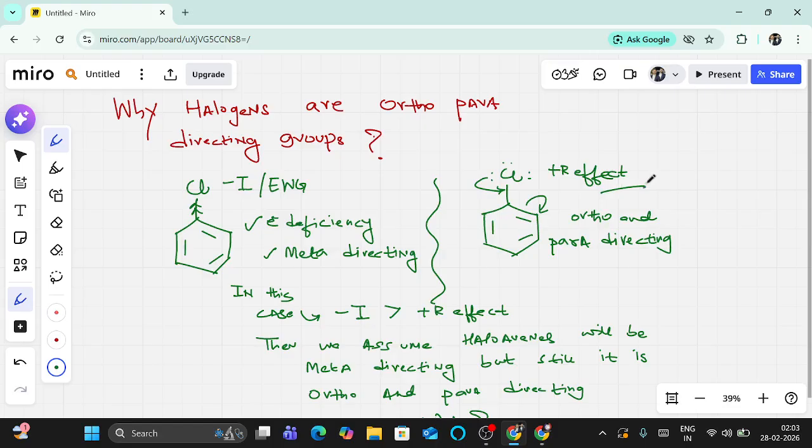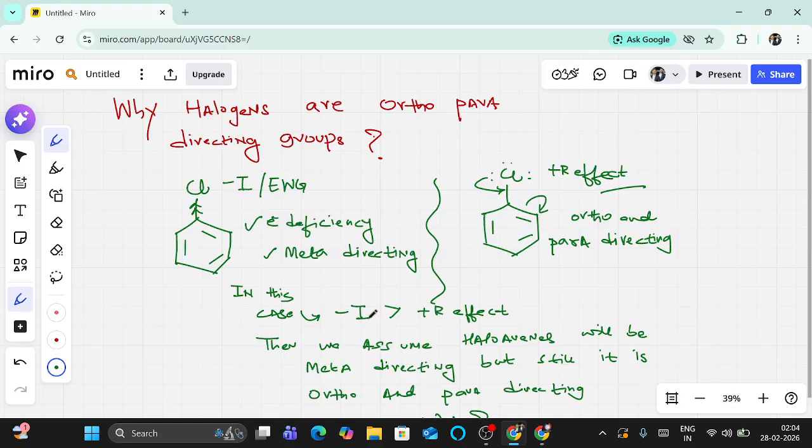Now this plus R and minus I are opposite effects. One says go to meta, one says go to ortho and para. So these are contradictory effects. Normally plus R is the more dominating effect than minus I, but only in the case of haloarenes, minus I dominates plus R. So we would assume the final reaction will be based on meta direction, but that is not true.